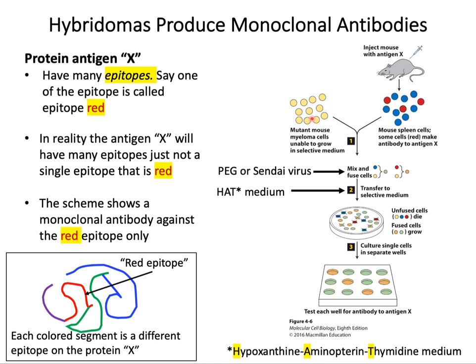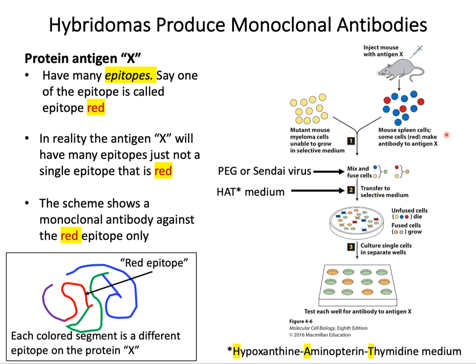But the myeloma cells can use the de novo or salvage pathway, which is separate from the alternative pathway, to synthesize the nucleotide precursors. So, subsequently, we will see the use of a media known as HAT, or hypoxanthine aminopterin thymidine media. This is a selection media which blocks the de novo or the salvage pathway.